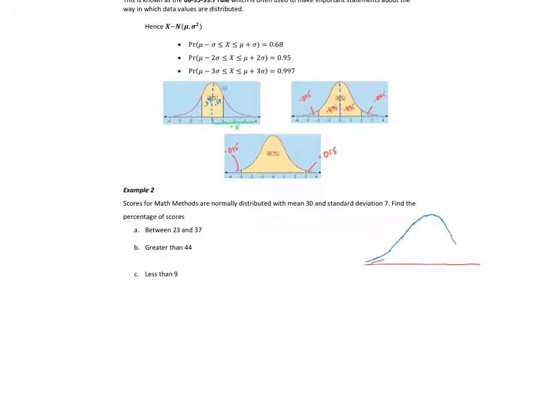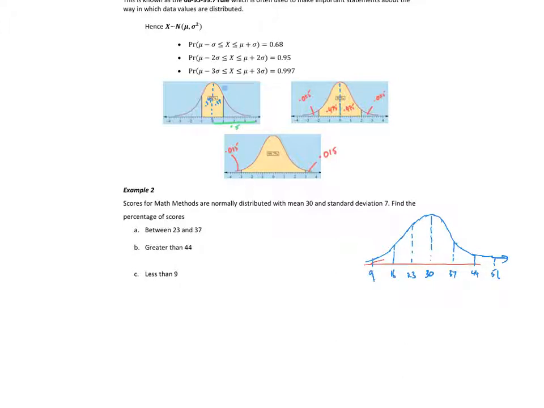It doesn't matter how perfect it is, but try and make it roughly. So there's my mean, and it says it's got a mean of 30 and standard deviation of 7. So the key points are 37, 44, maybe 51. Subtract 7 all the way along: 23, 16, 9.